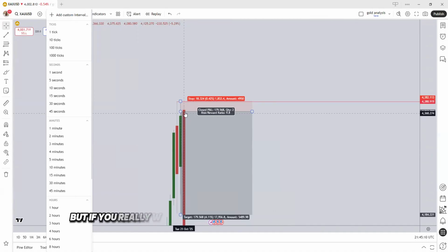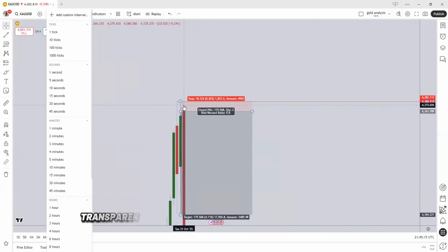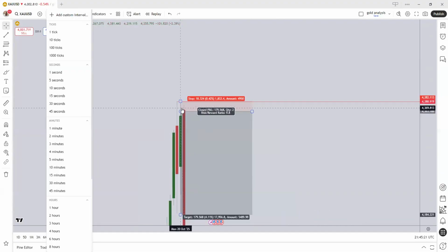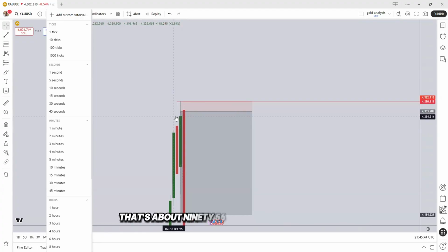But if you really want to try it out, just being transparent with you, it has happened when I traded this as well. Sometimes when I take a trade and the previous day is not really volatile, it just stops halfway. It's not really far from my entry. You can see I got in at 63 and then it only traded back to 56, that's about 80 pips.